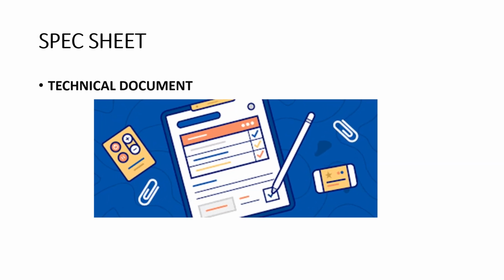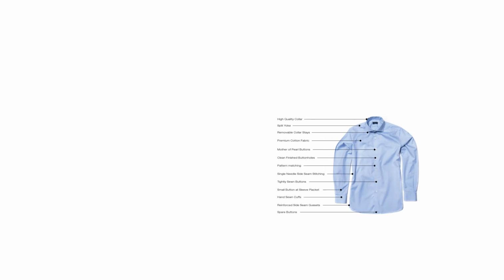And this kind of technical document must be preserved correctly, and it must be interpreted correctly also. One should understand the meaning of these technical terms, technical definitions, etc. So that's why the specification sheet is also called a technical document.